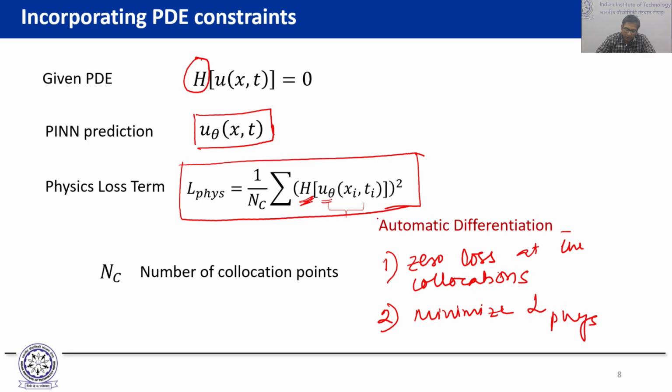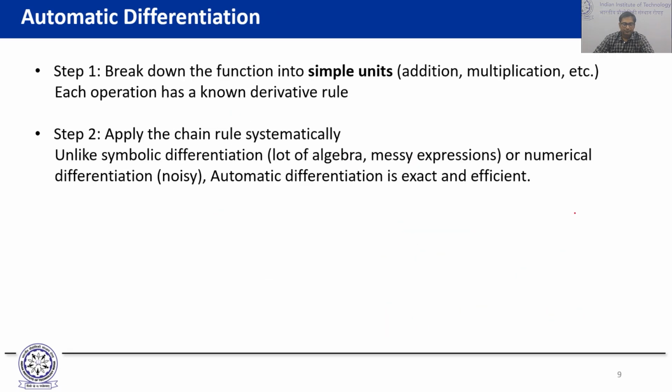The only new thing that we need to look into is this concept of automatic differentiation. When we are doing automatic differentiation, we are basically taking two steps. The first step is to break down the function that we are going to differentiate into simple constituent units.